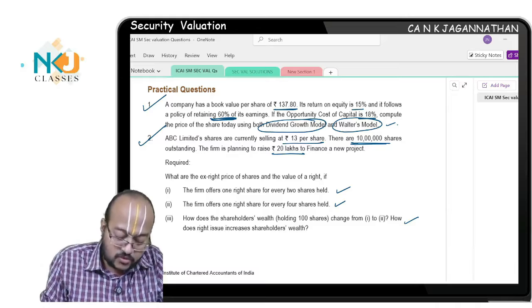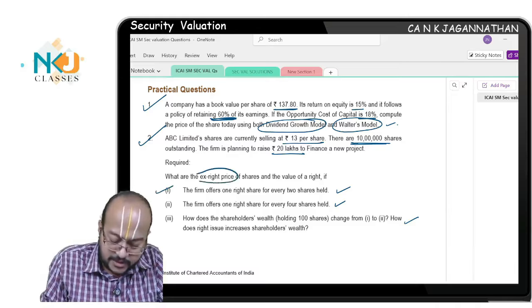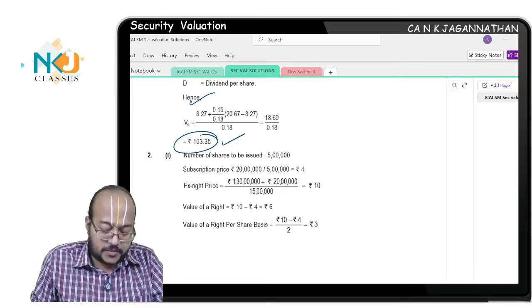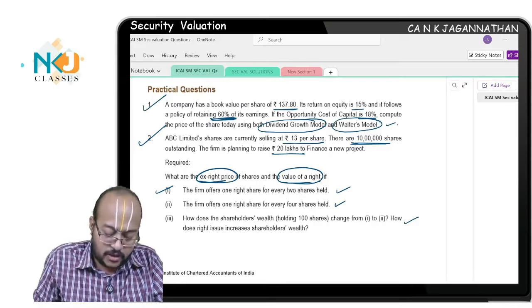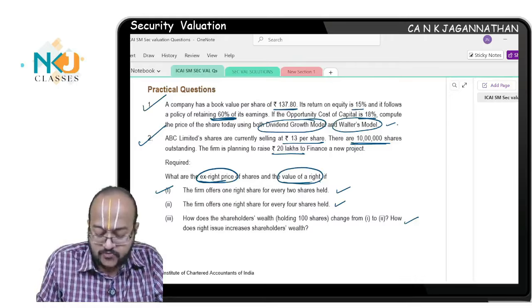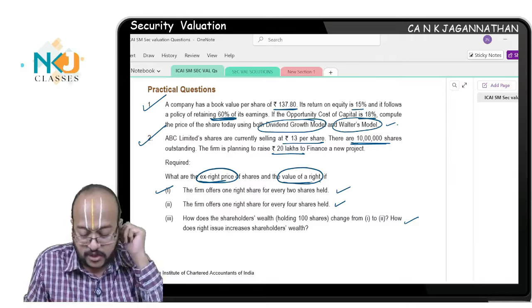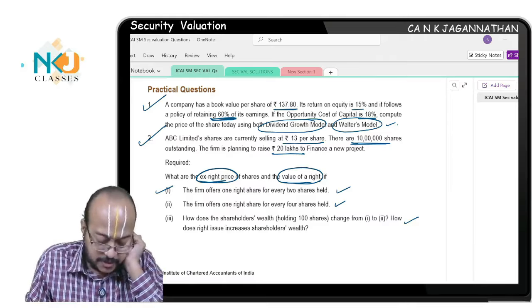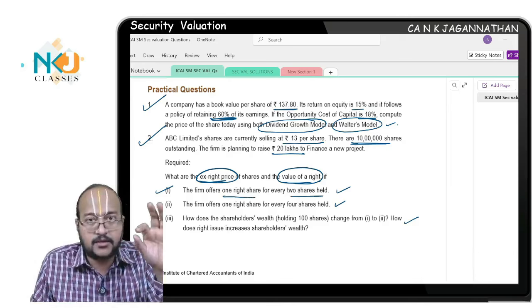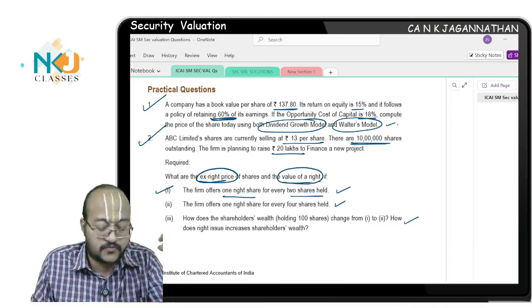In the solution, first you need to find out the ex-rights price and the value of the right. Before that, you need to find out the subscription price. The firm offers one right share for every 2 shares held. There are 10 lakh shares outstanding, so the new right shares are 5 lakh shares.